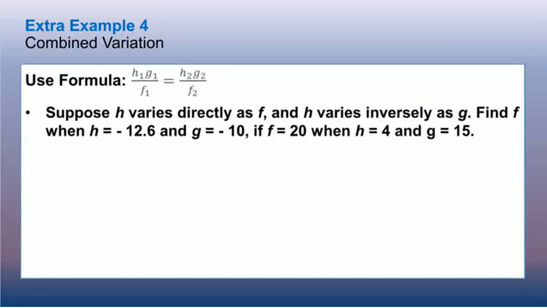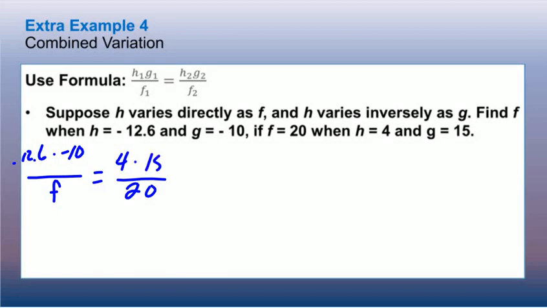Next, here all the letters match up. So we need to find f when h is -12.6 and g is -10, when f is 20 and h is 4 and g is 15.